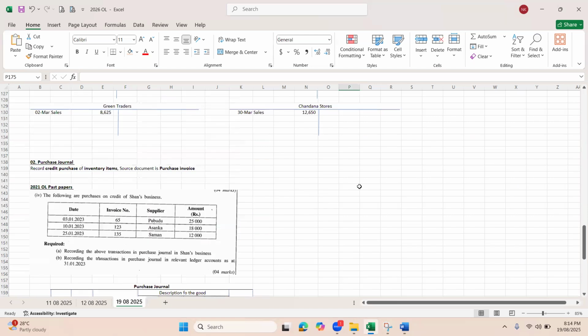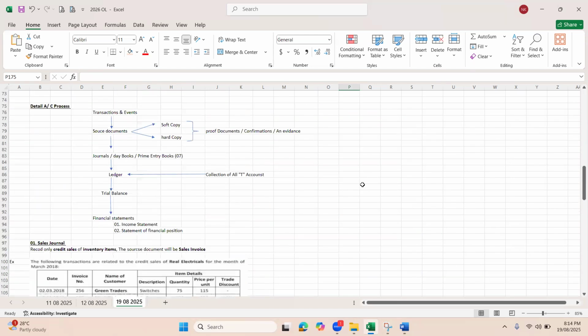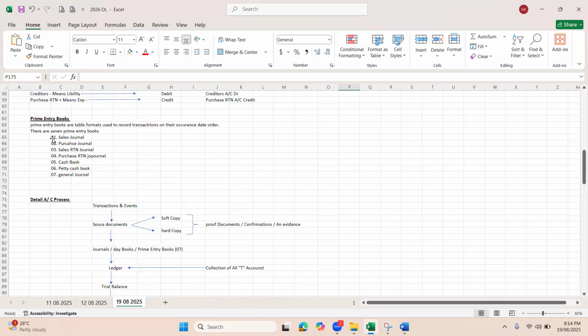Likewise, all the several journals that we learned here are recording only special transactions. Here the summary is, sales journal: we record credit sales of inventory items. Right? So the source document is the sales invoice.